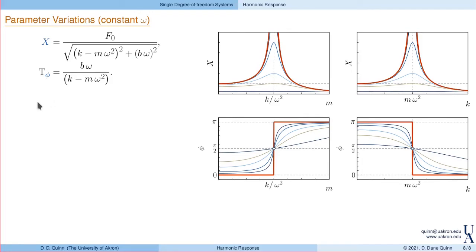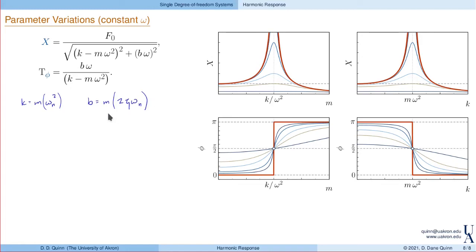I'd like to start off by noticing what happens if we keep the natural frequency and damping ratio constant, but allow the physical parameters to change. Here we can write any two of these in terms of a third. For example, the stiffness is the mass times the natural frequency squared, and the damping is the mass times 2 zeta omega n.